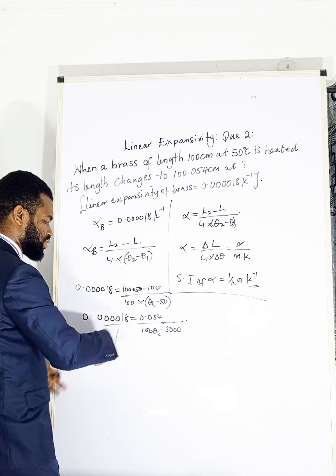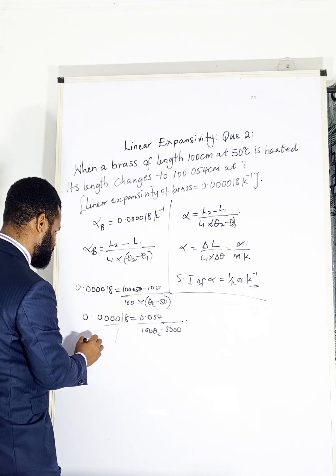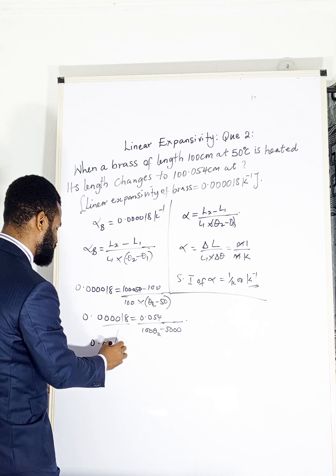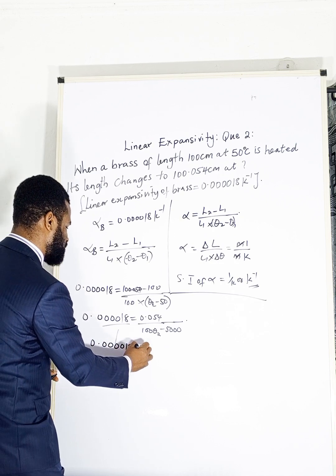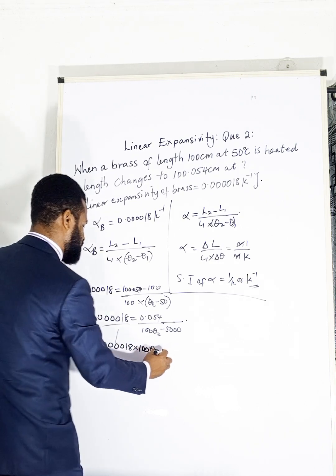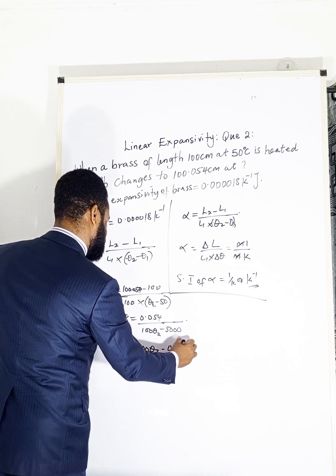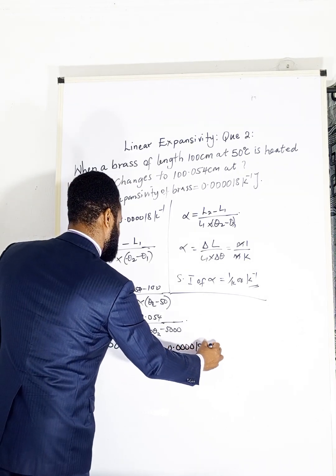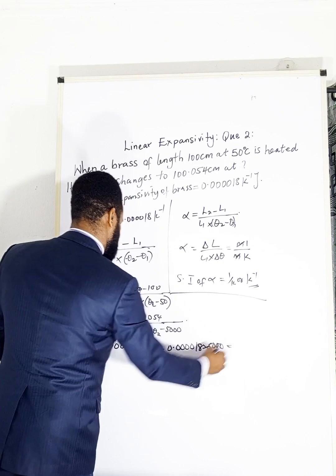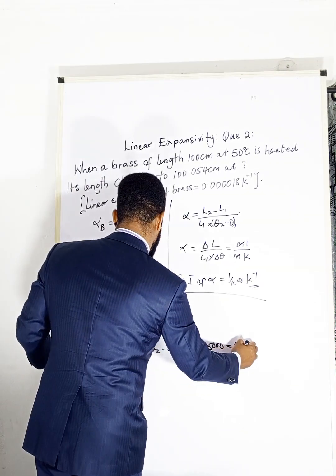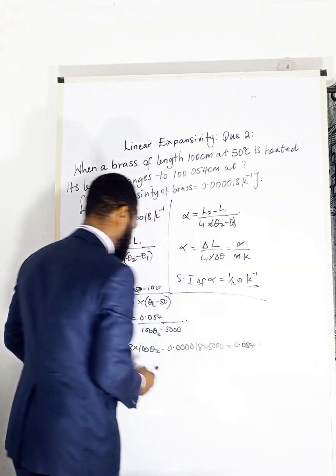So I'm going to clear the fraction. I'm going to have 0.000018 times 100 theta 2 minus 0.000018 times 5,000 is equal to 0.054.